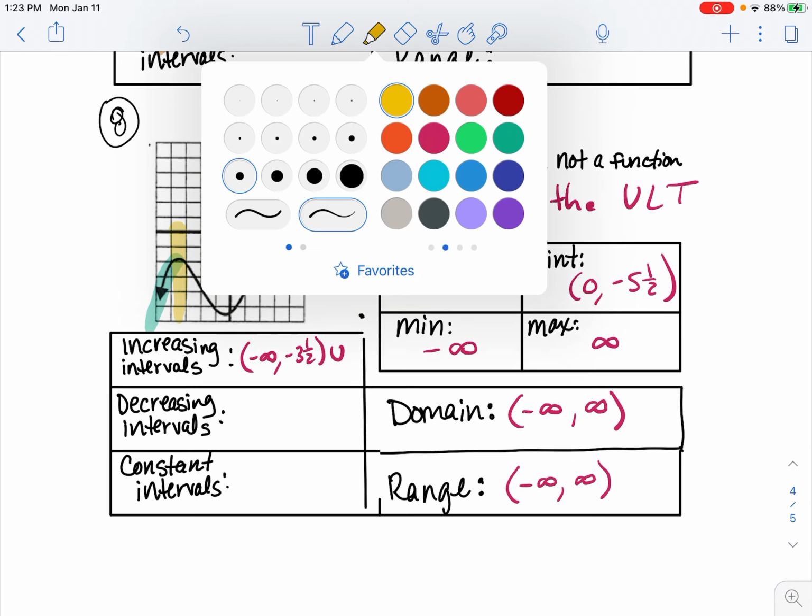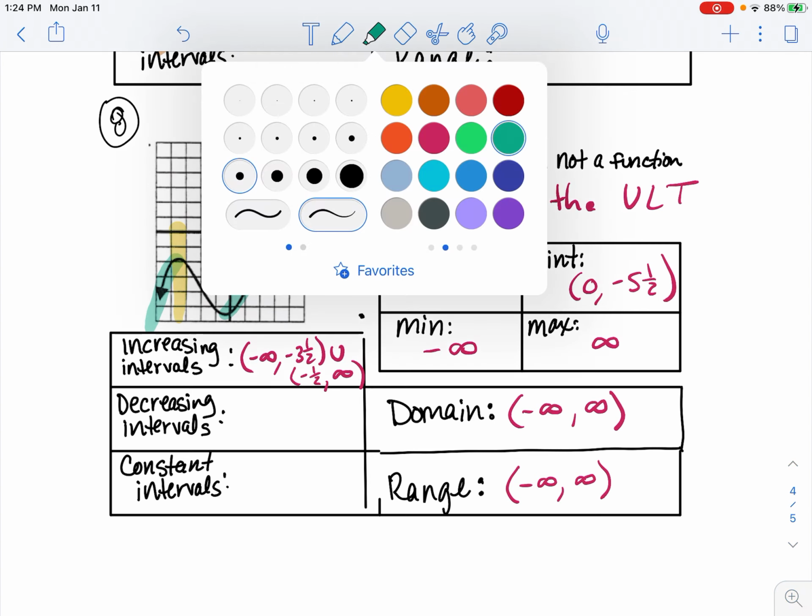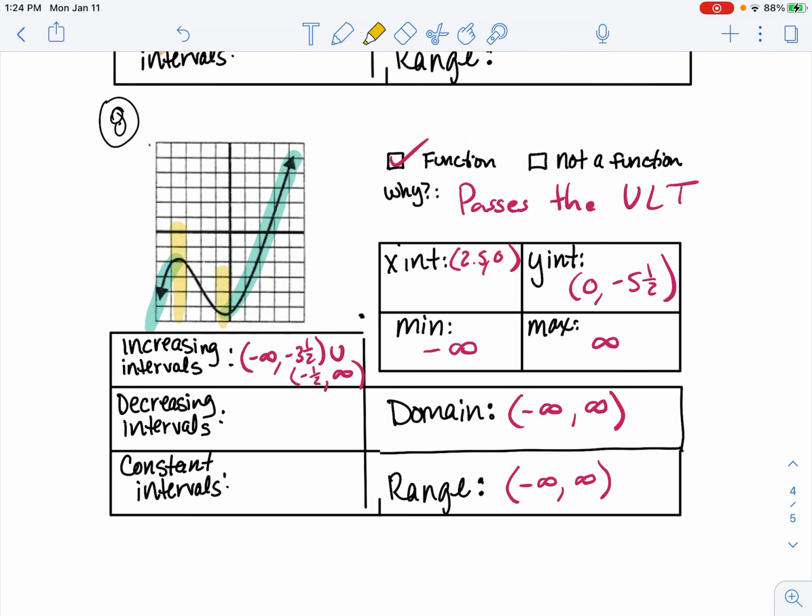And it's also increasing from here, which looks like -0.5 maybe, and increasing forever. So it's from here onwards forever. Okay.